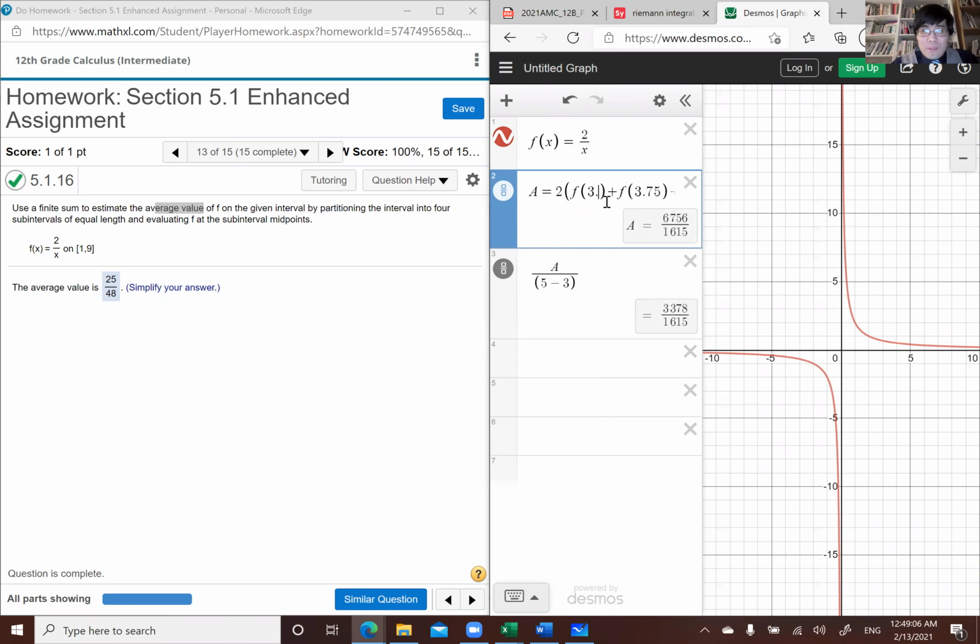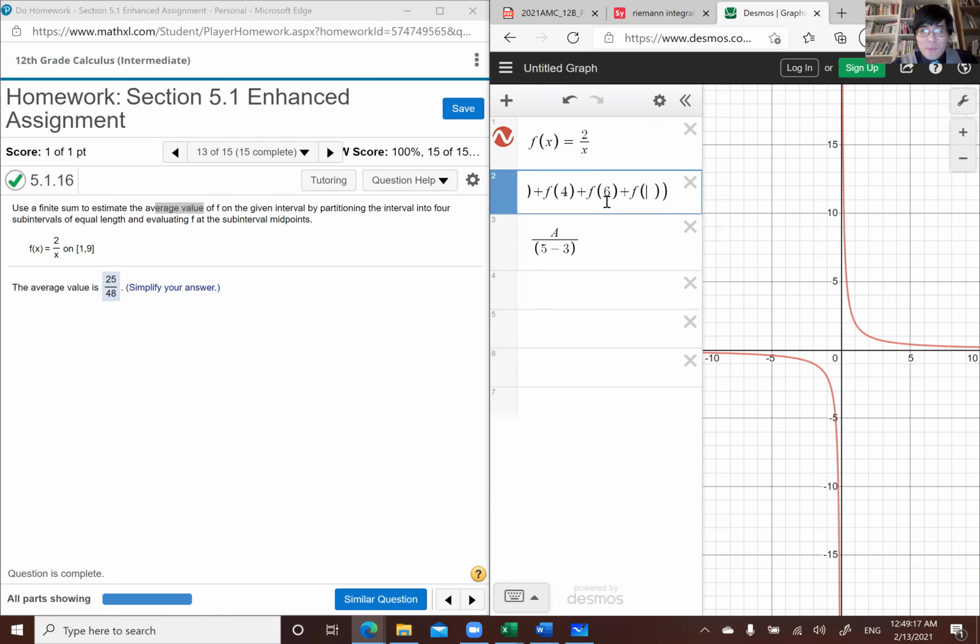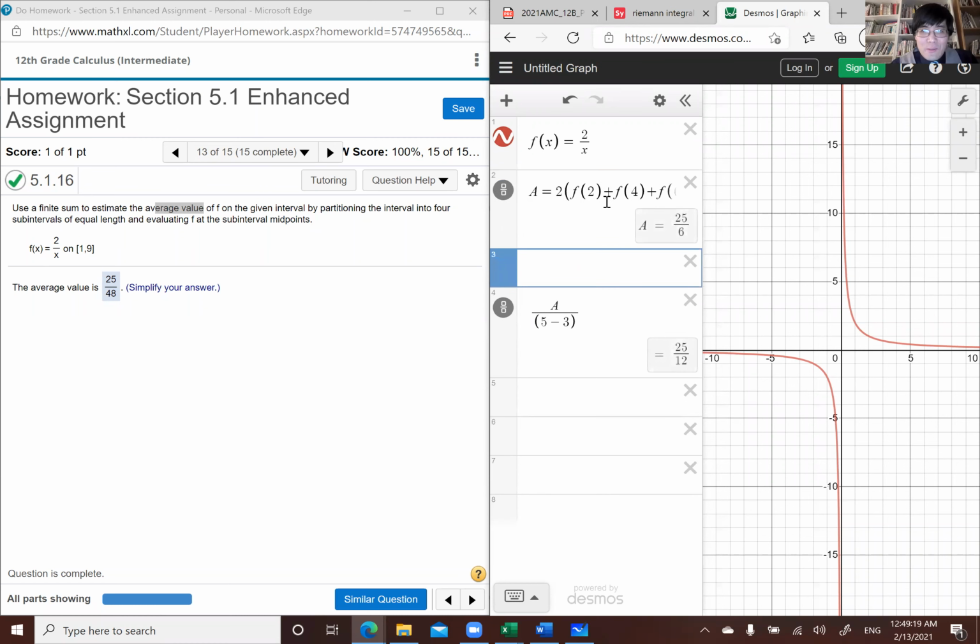Now I just use 2, 4, 6, and 8 for the midpoint approximation, which is 25 over 6. And so that's the area.